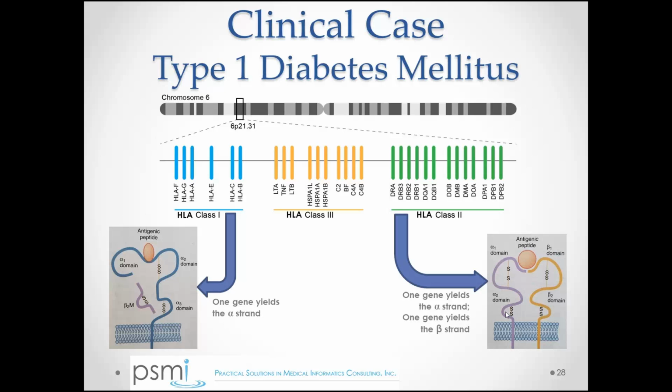So oftentimes, you won't see much variation in this part of the chain, but you'll see tremendous variation here. And this begins to help explain why some people can mount an immune response to some antigens and other people will mount an immune response to other antigens, because it depends on what alleles you have in your HLA genes as to which antigenic peptides can affix to that antigen binding groove to then be presented to the T cells to mount an immune response.